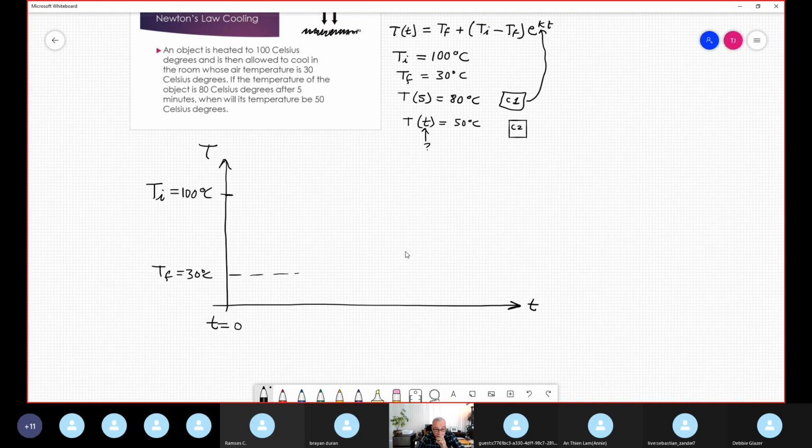And this is a horizontal asymptote. And the temperature decreases toward that, according to Newton's law of cooling. Okay. So I discovered experimentally that at t equals 5 minutes, look, suppose here, 5 minutes, the temperature is 80.